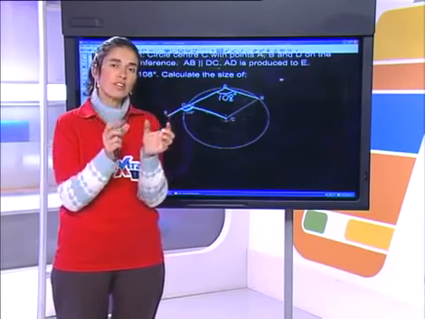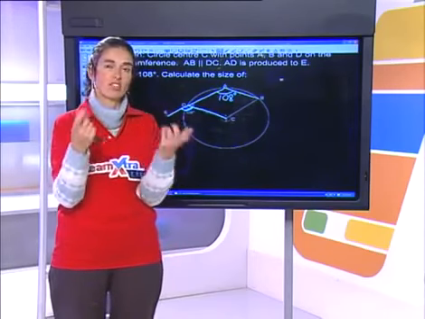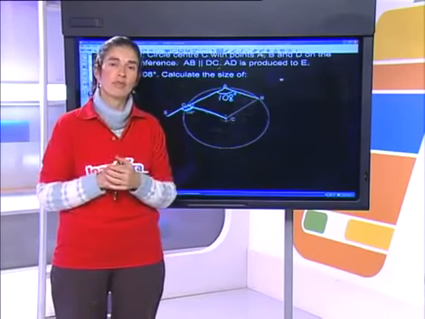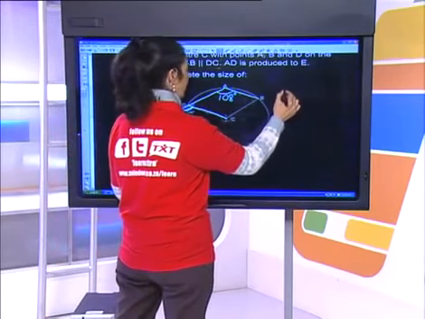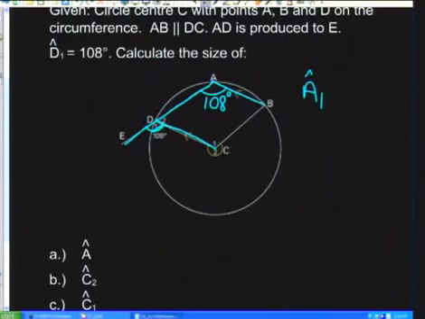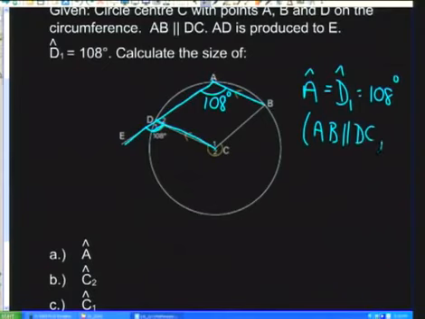It's not sufficient just to write an angle and say, well, that's just because it's that way. You need to give the reason as to what you've used. So in this case, we would say that angle A is equal to angle D1. We would give its value, and then next to it we would say because AB is parallel to DC, corresponding angles on parallel lines are equal. So notice I'm providing a reason for that.